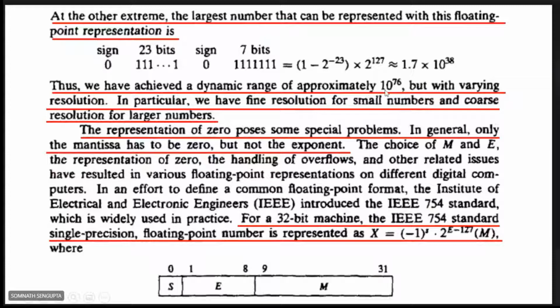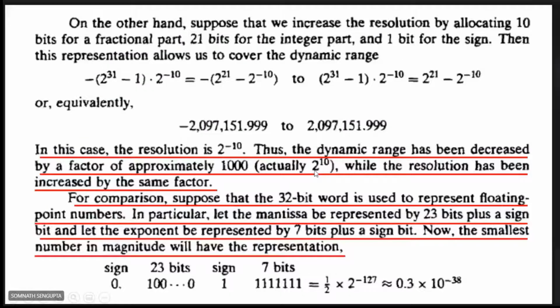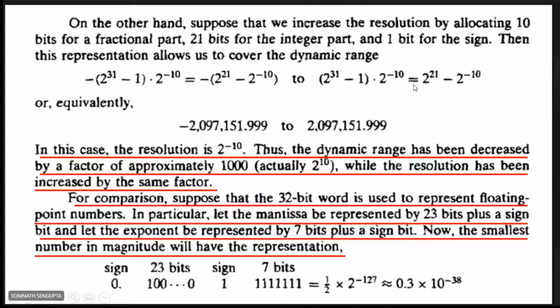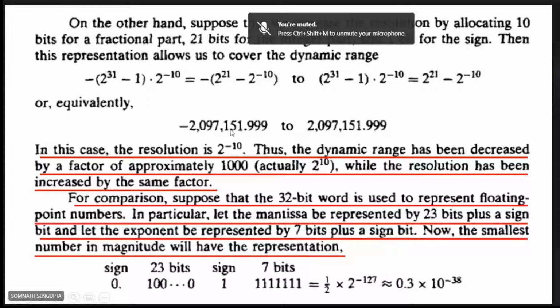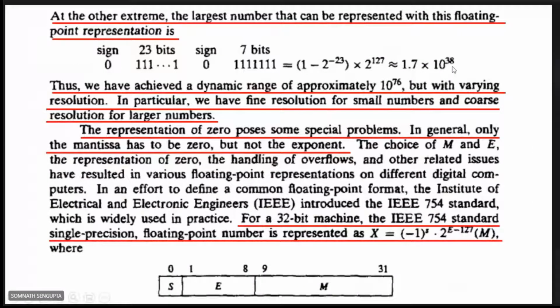For fixed point, the dynamic range is far lesser, only up to about 7 digits in decimal, whereas here it goes up to 10 to the power 38.